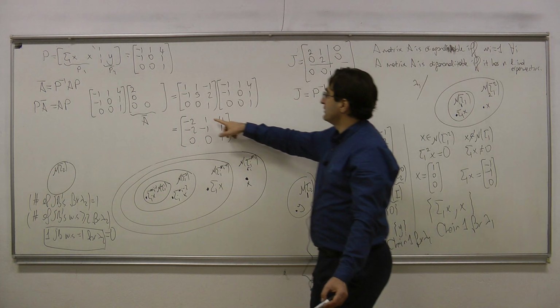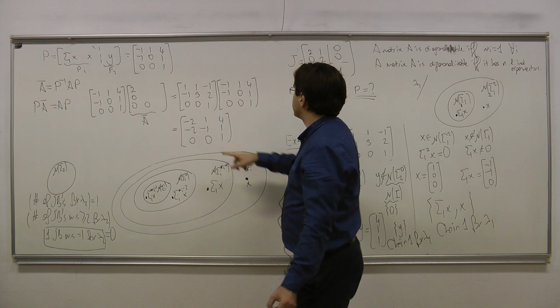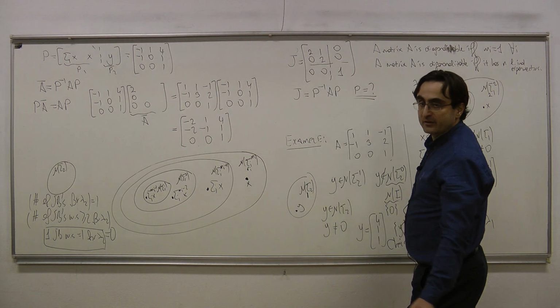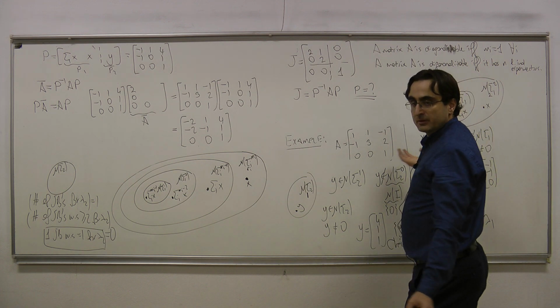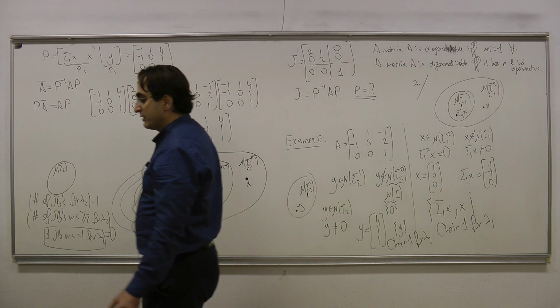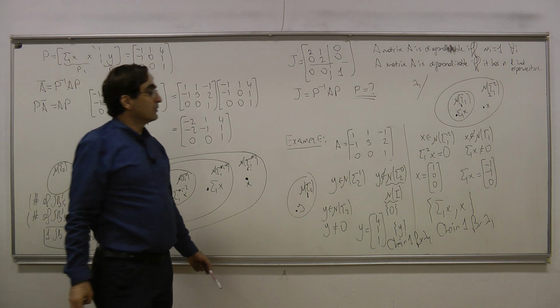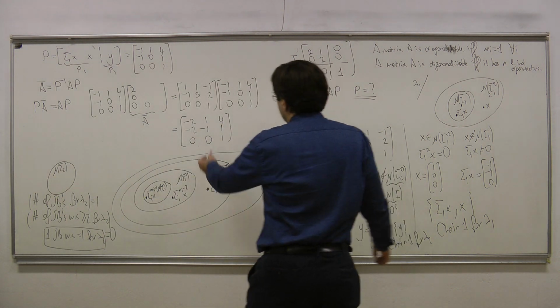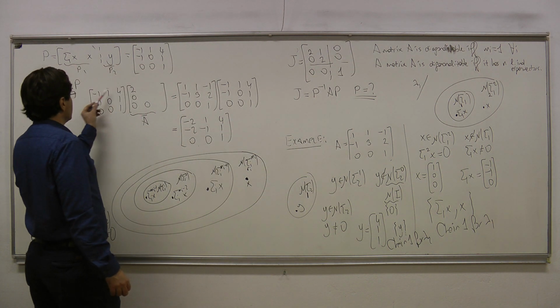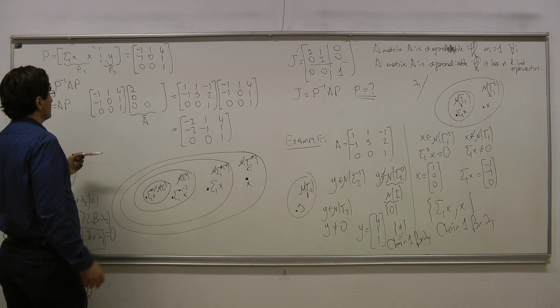That means that this 1, minus 1, 0 vector should also be inside this null space, because this null space is invariant. Why? Because this null space is nothing but a null space of a polynomial of A. Okay? So I need to be able to express 1, minus 1, 0 as a linear combination of these columns.